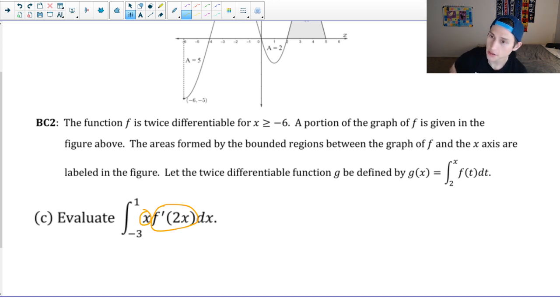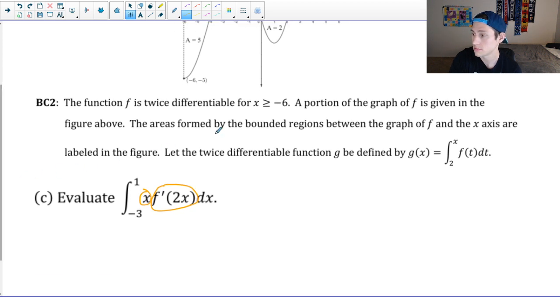If I were taking the derivative, I would think product rule. But when I'm thinking of integration, whenever I have two functions that are being multiplied, I'm kind of thinking integration by parts. Right, so integration by parts is this.